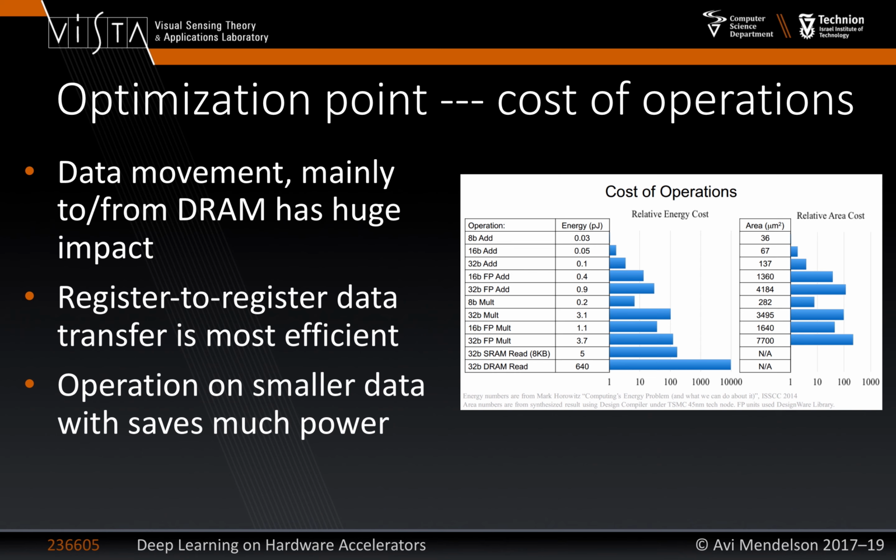So if you have bits that don't have contribution, maybe you don't need to transfer them. Maybe you can eliminate them. So now much of the thinking is not just the computation, how many computations you are doing, but also how much information you need to transfer from different points. And this is a totally new way of thinking about optimization in general, something that never existed, let's say, 5 years ago.